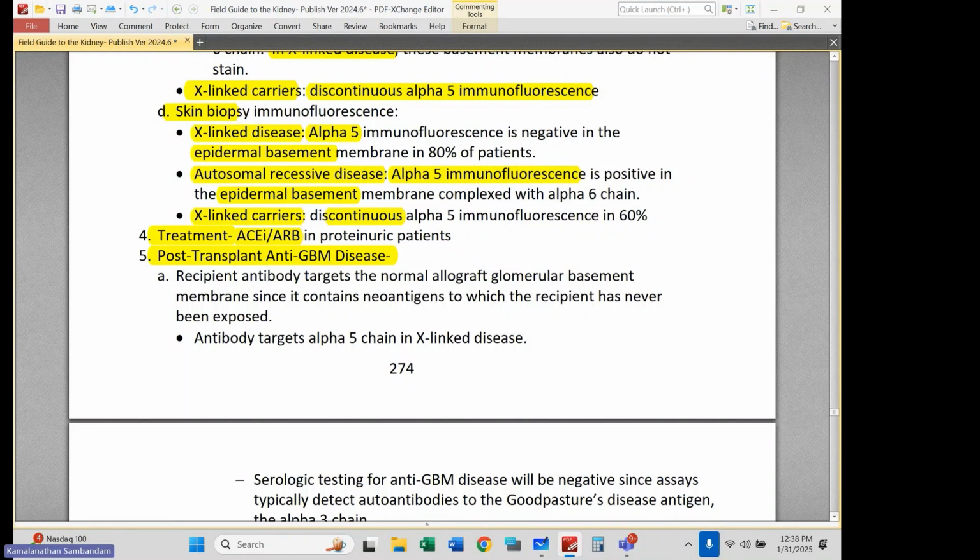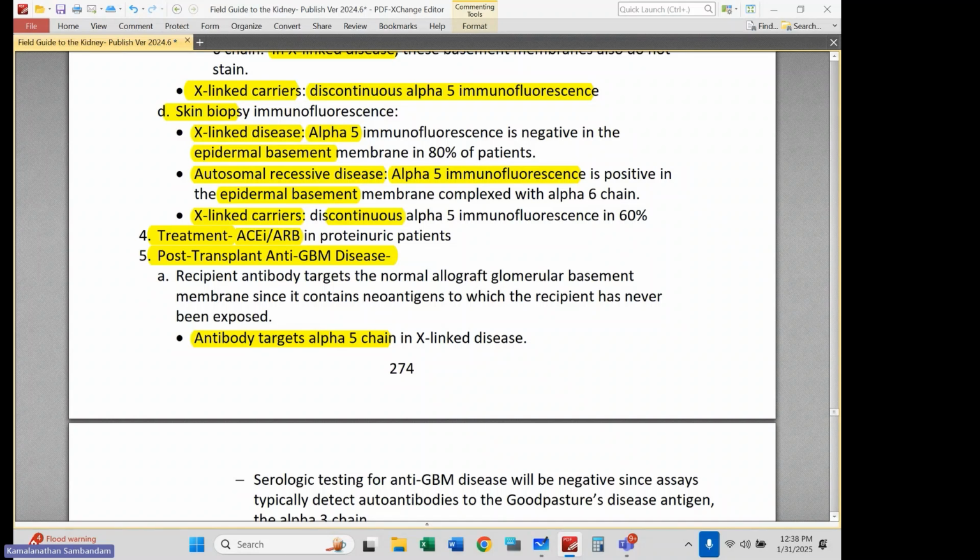Well, let's say I'm a male and I had Alport syndrome and I developed ESRD at age 20, okay? And then I undergo kidney transplant sometime later, right? I now have a kidney from the donor that has an alpha 5 chain of type 4 collagen in it.